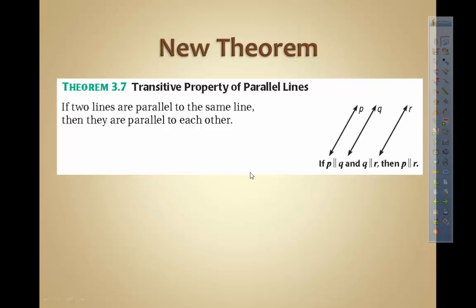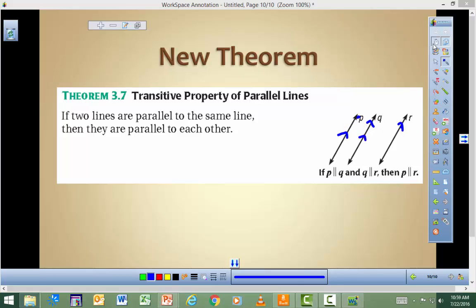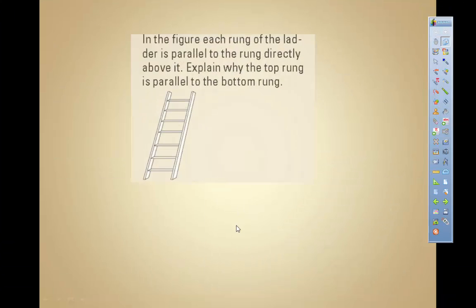It's pretty obvious. So let's write out what it's saying. This line is parallel to this one, and this one is parallel to this one, then this one is parallel to that one. Like, whoop-de-doo.